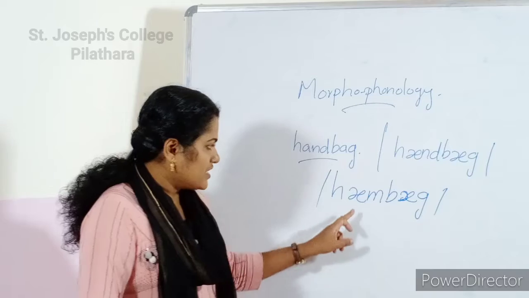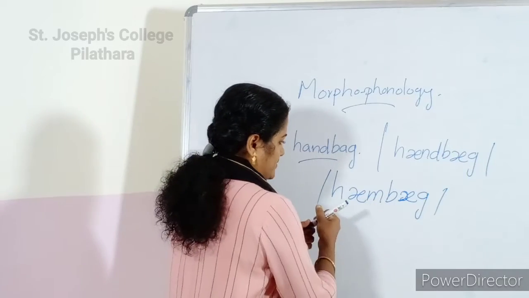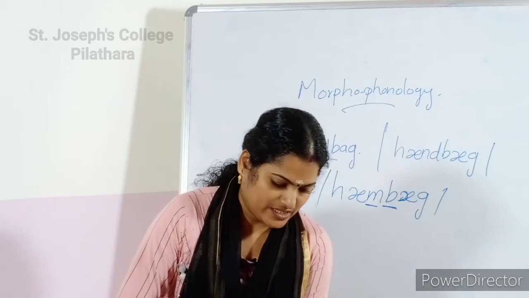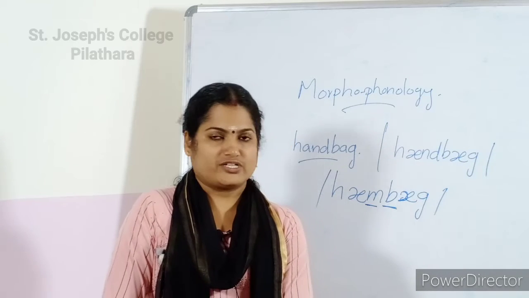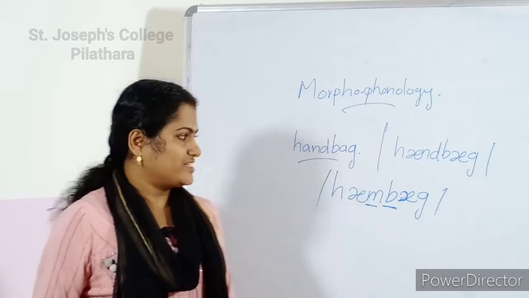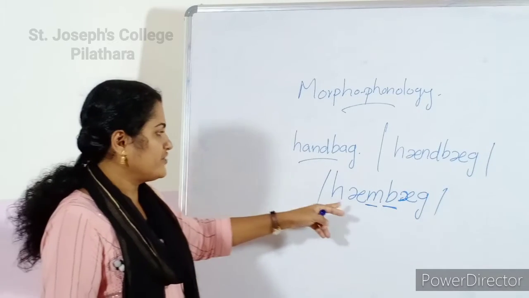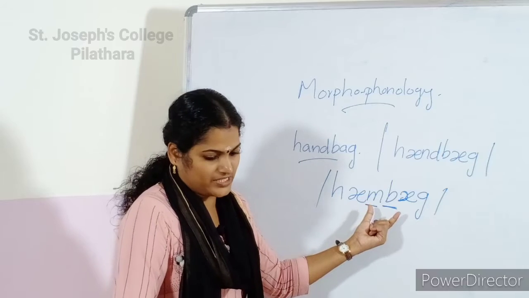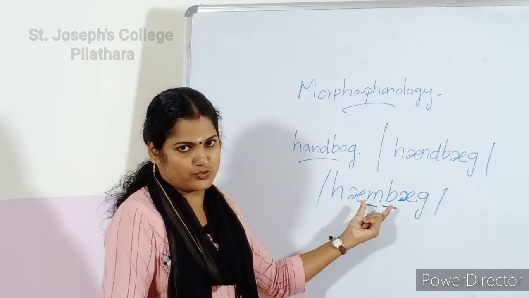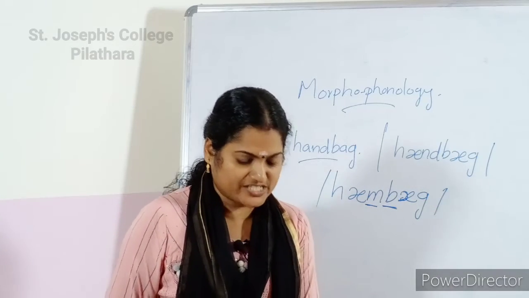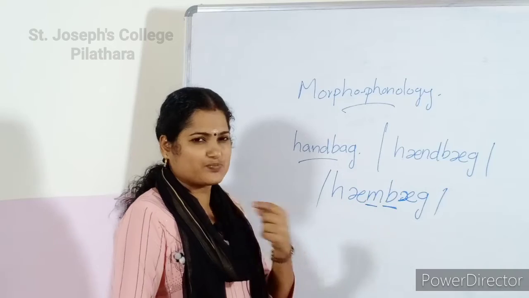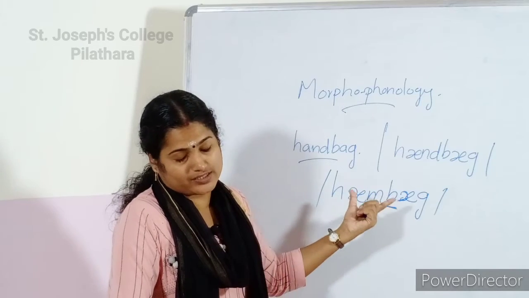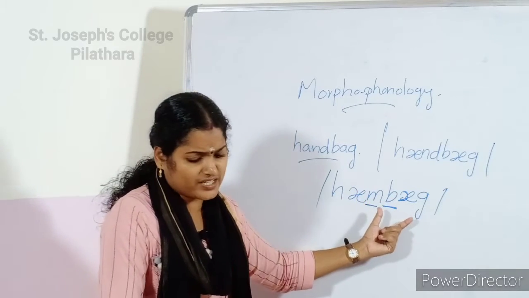This is because the m sound and the b sound are both bilabial consonants. You might have studied this in phonology, all the consonants and vowel sounds, and we know that these two sounds are bilabial consonants, and their place of articulation is similar.